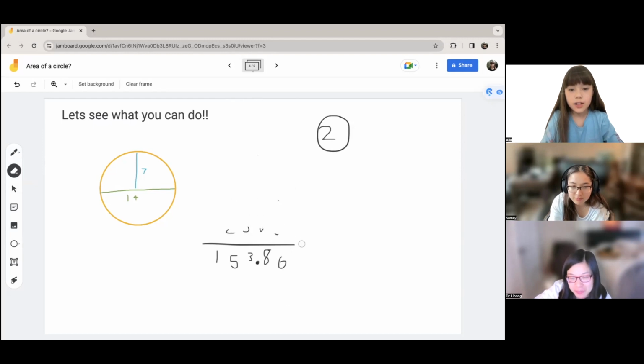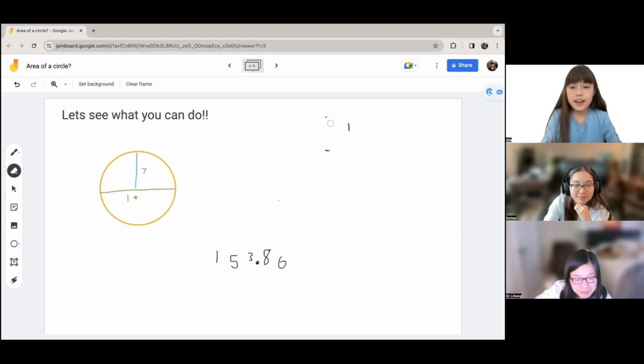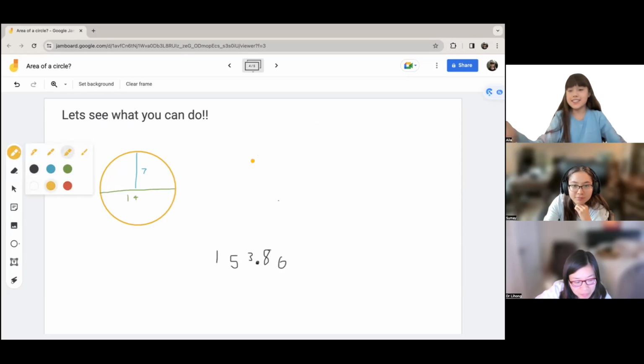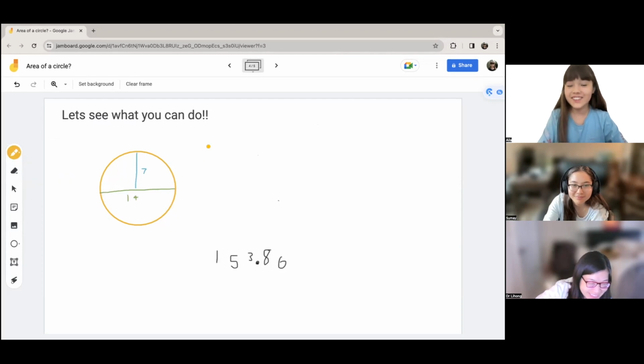Correct. 153.86. So this circle has an area of, let's make this in big bold letters because I'm very proud of us. We figured out the rough area of this circle. 153.86.